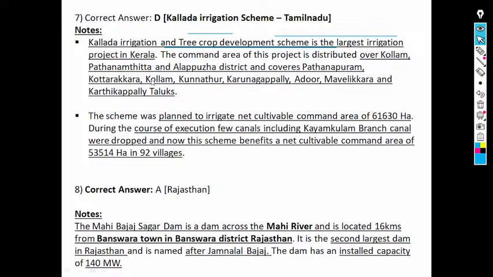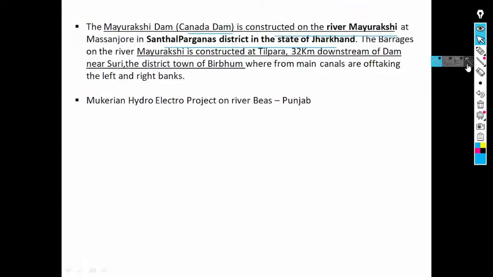Oh, the seventh discussion is just carried out from here. Number 7 discussion right here.